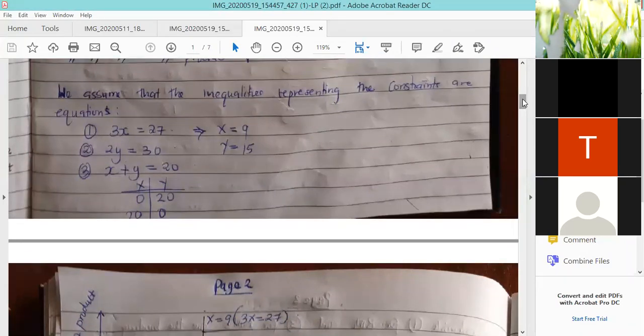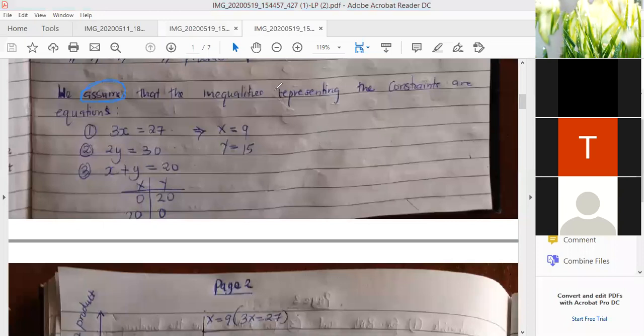Now, when we are drawing a graphical representation, you cannot draw when you have inequalities. So the first thing you do is to assume. You can see what I'm trying to circle. We are not changing, we are just assuming.